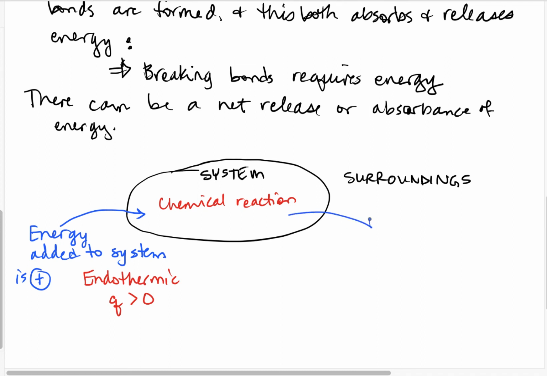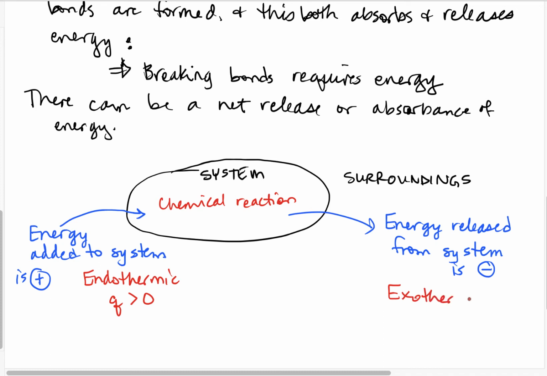But we can also have energy released from the system. And so because it's coming out of the system, we give it a negative sign, and we call this exothermic. And we say Q is less than 0.